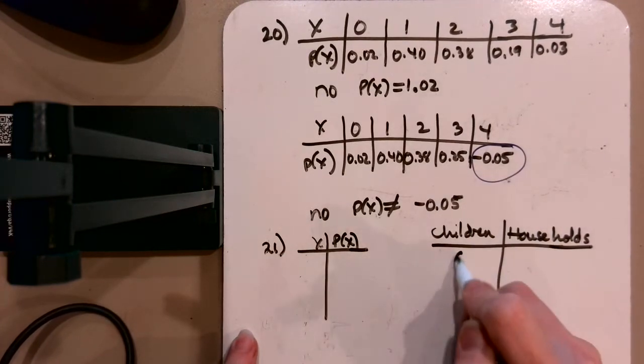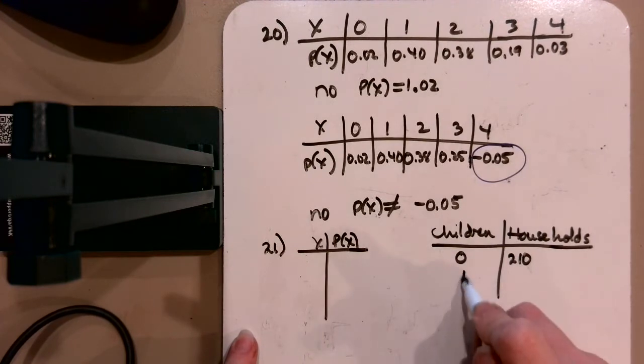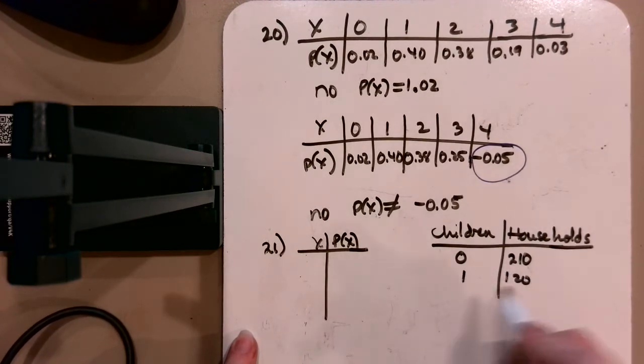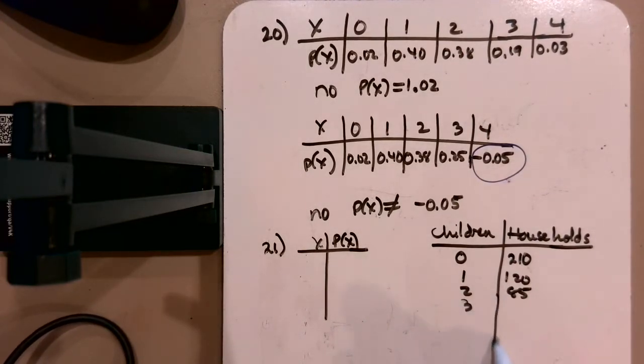You have 0 children in 210 households, 1 child in 120 households, 2 children in 85 households, 3 children in 55 households, 4 children in 20 households, 5 children in 10 households.